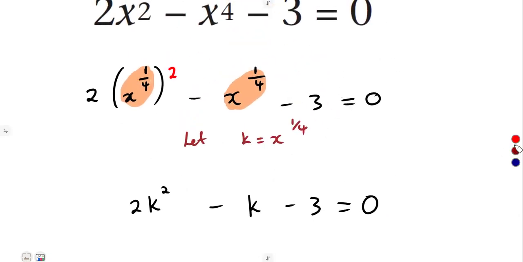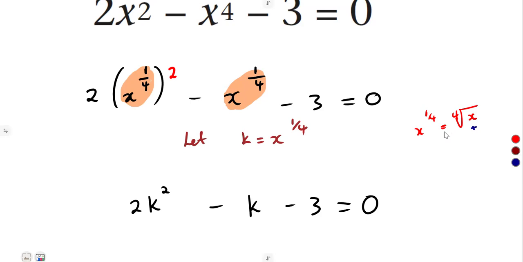Also, considering x to the exponent of 1 over 4, it means the fourth root of x. Whatever x we are going to have, can it be positive? Can it be negative? The x that we can only have must be positive. We cannot determine the fourth root of a negative value.